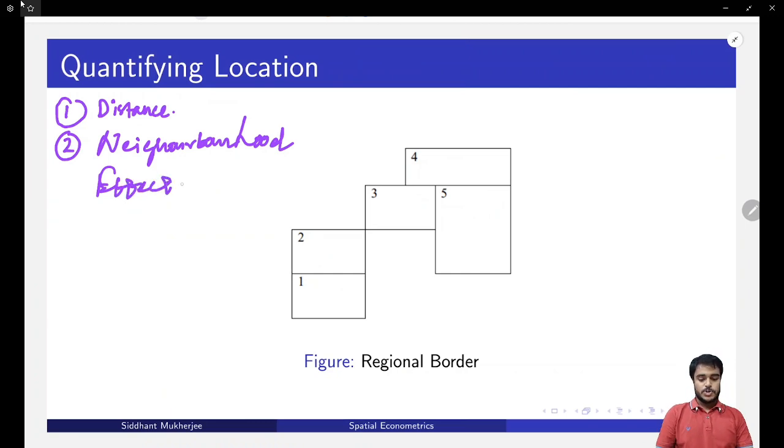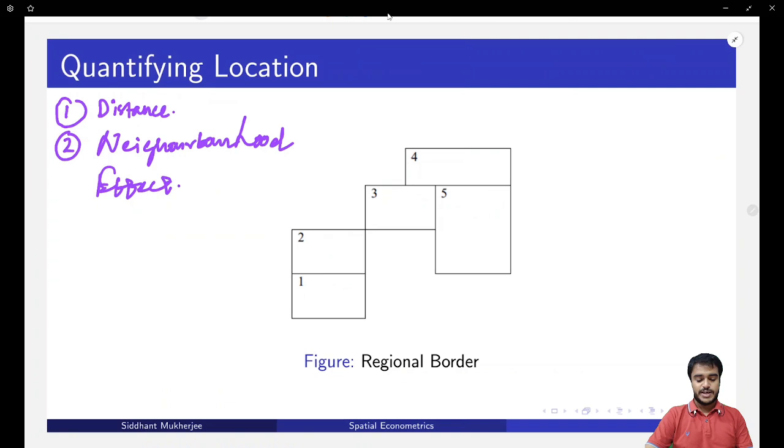So location 1 has a common border with location 2. Location 2 also has a common border with location 1. Location 3 has a common border with location 4 and location 5, and locations 4 and 5 do the same.